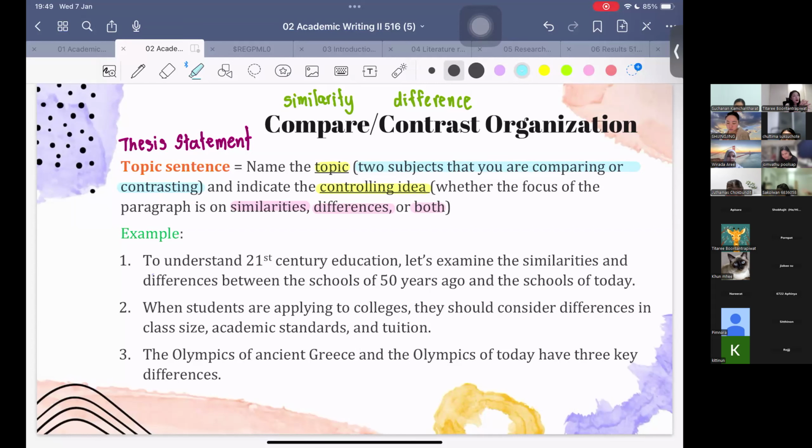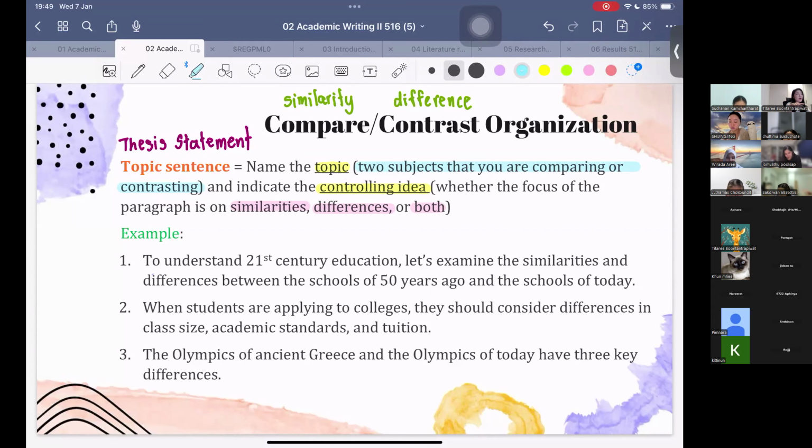So if you write compare and contrast, definitely in the thesis or the topic sentence, if it's just a paragraph, you need to provide the topic. The topic here would be the subjects, the two things that you choose to compare. And then you need to indicate the controlling idea.